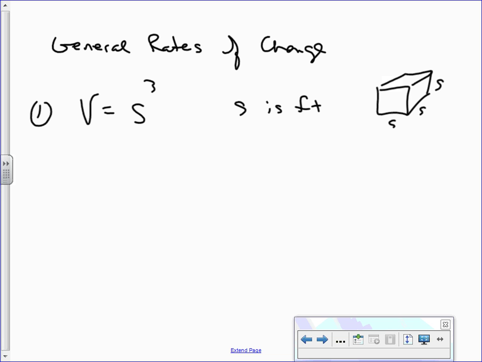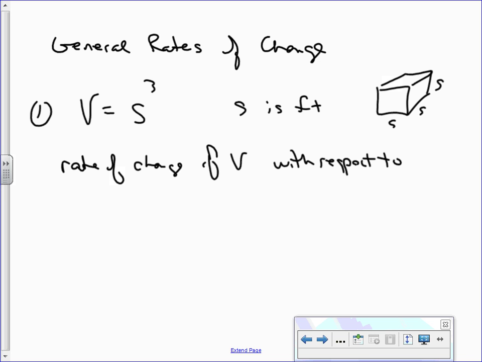So if I ask you to find for me the rate of change, not the average rate, but the rate of change of V with respect to time, I am telling you to take the derivative with respect to time of V.